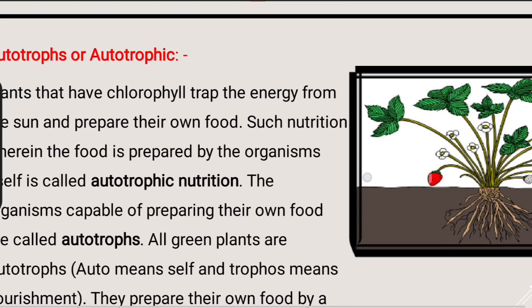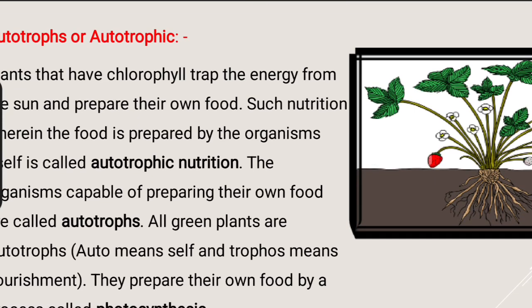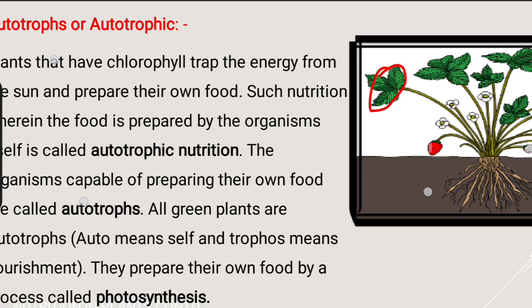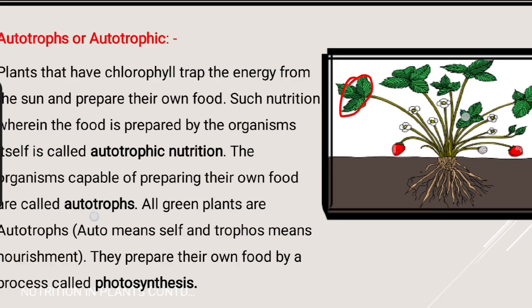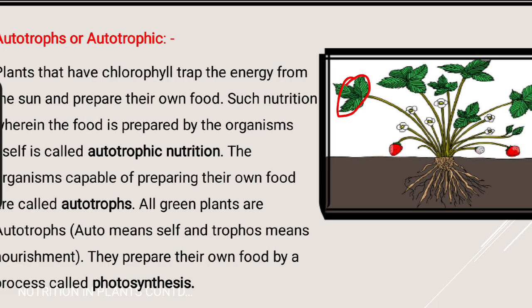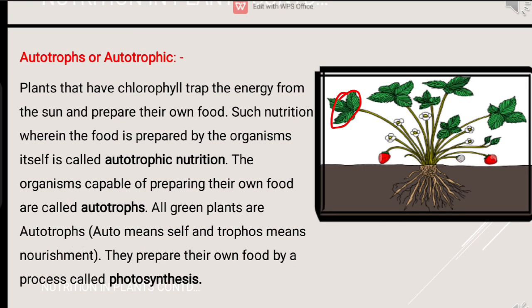What are autotrophs or autotrophic? The plants which have chlorophyll, they can trap the sunlight and prepare their own food. Such nutrition, where the food is prepared by the organism, is called autotrophic.